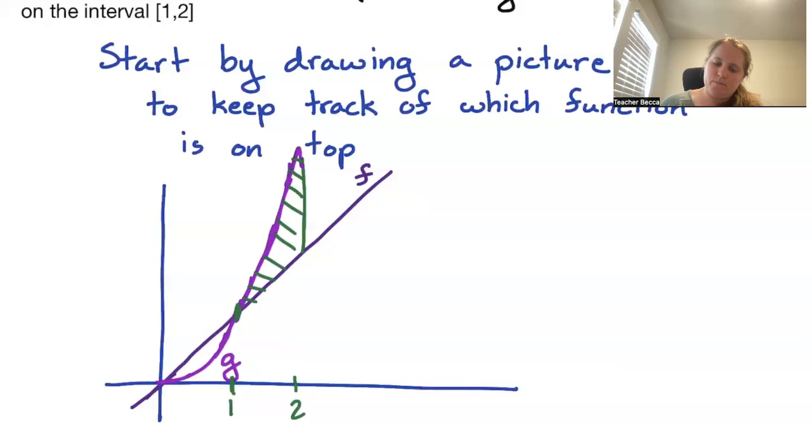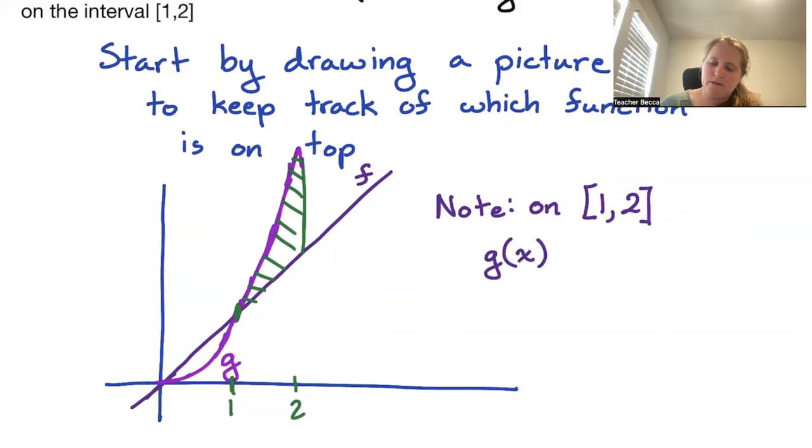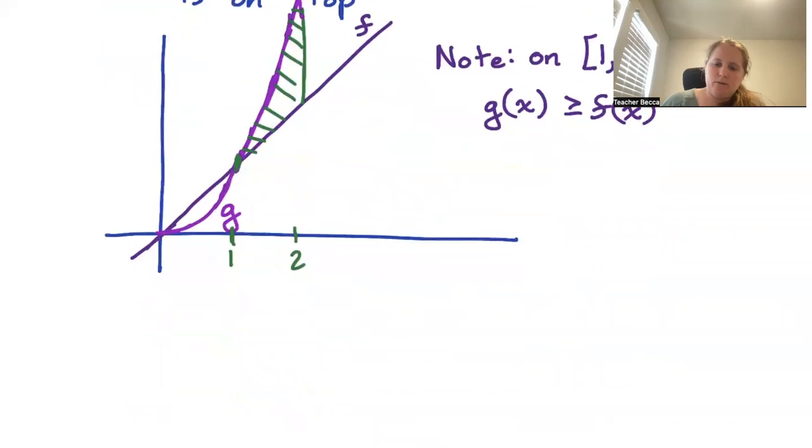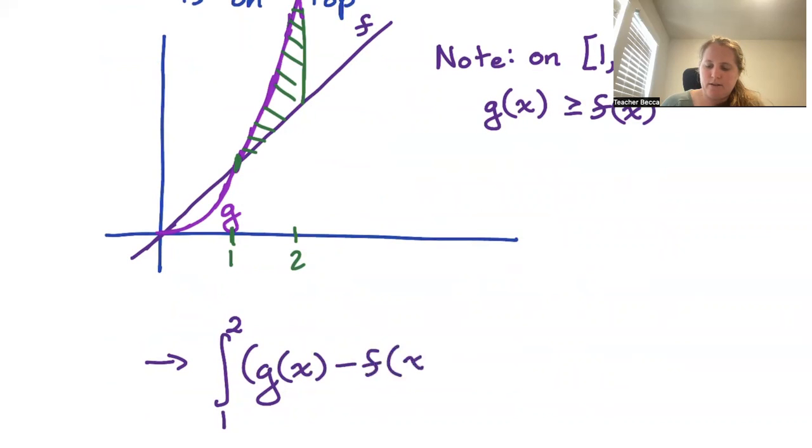So note on the interval from 1 to 2, our g of x is greater than or equal to our f of x. So that means that when we go to do this integral, we are looking at the integral from x equals 1 to 2 of g of x minus f of x dx.